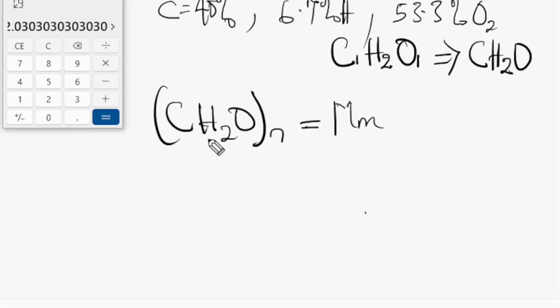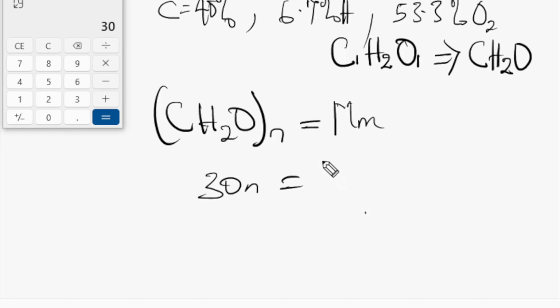So guys, if we calculate for this, C is 12 plus H2, that's 2, that's 14 plus 16, so 14 plus 16 is 30. So this will be 30 N, which is the molar mass given to us in the question.